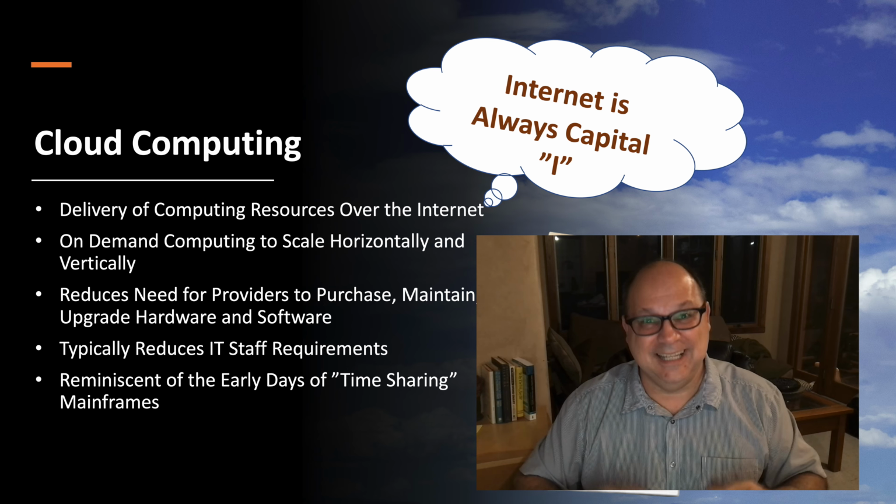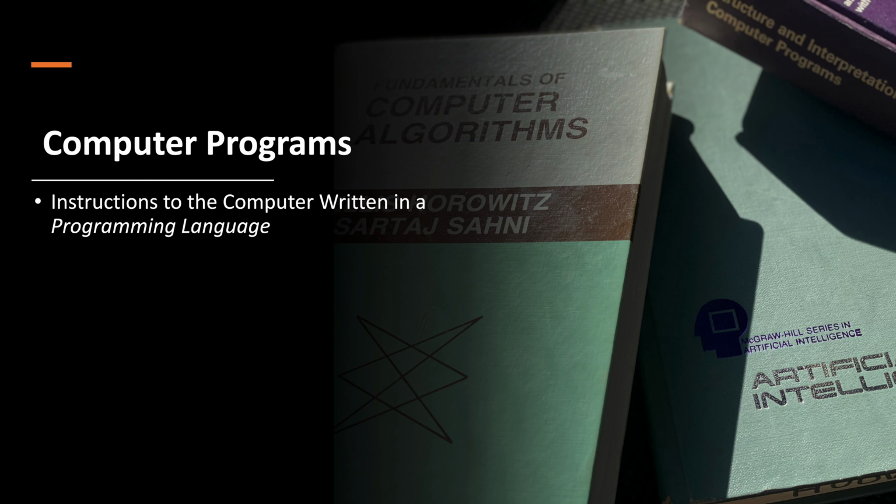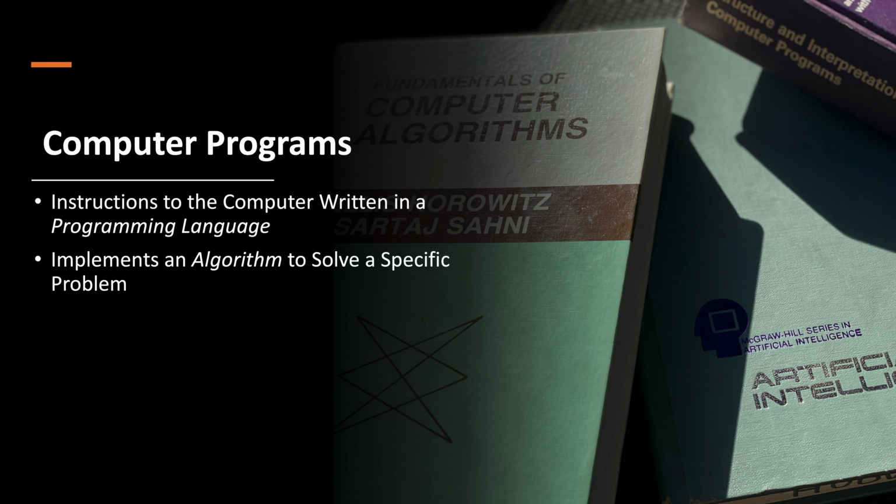Always. It's a place. Computer programs are instructions. It's how we inform the computer on what to make. Computer programs are usually written in one, but sometimes more than one, computer language. And every computer program implements a specific algorithm to solve a specific problem.